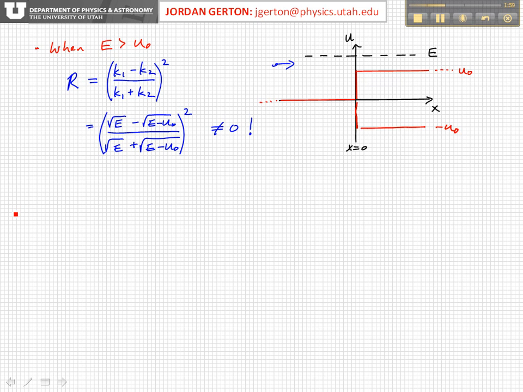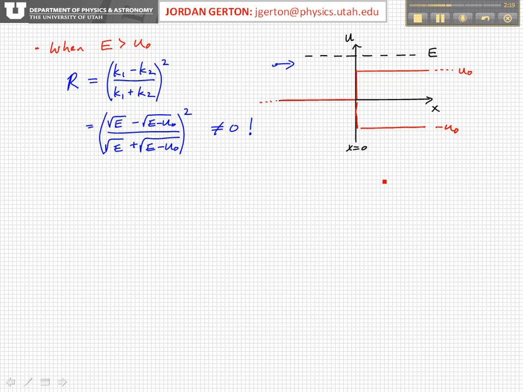And this is really interesting. So this means that the particle coming to a region where it would classically be accelerated to the right, if it's coming from left to right, classically when it gets to this potential, it's like rolling down a hill.